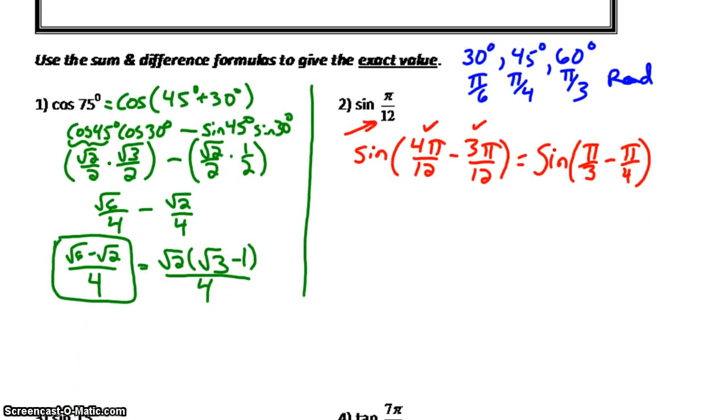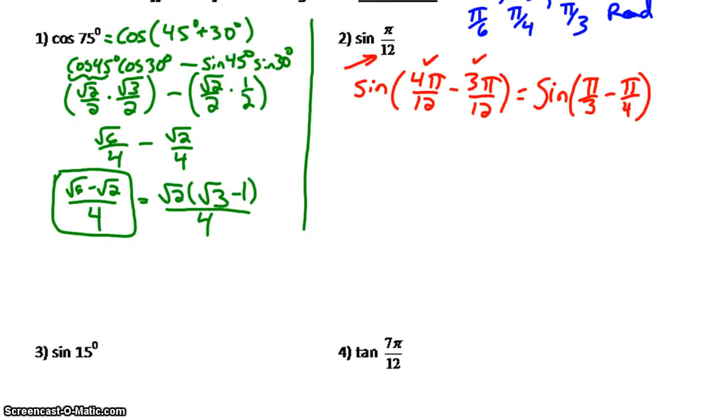How is that going to look for us? In this problem, I will again be using this identity. I will have a sine of pi over 3 times a cosine of pi over 4, and from that I'm going to subtract a cosine pi over 3 sine pi over 4.